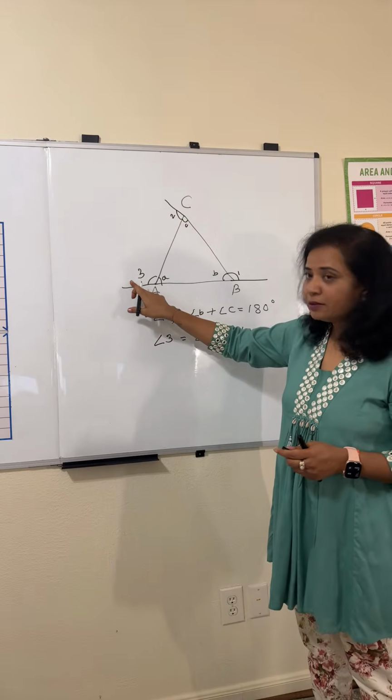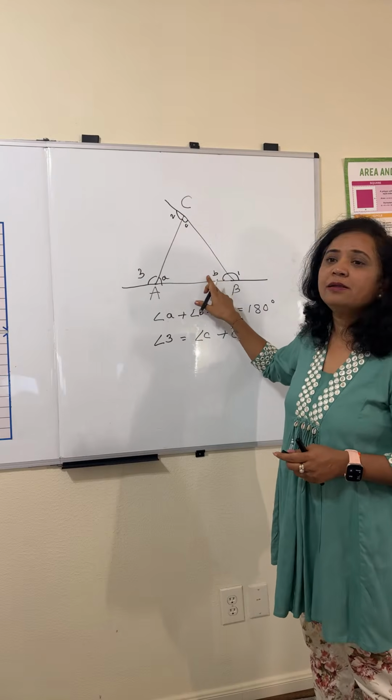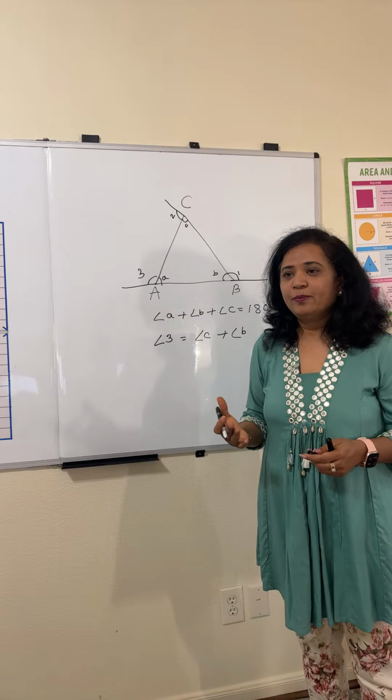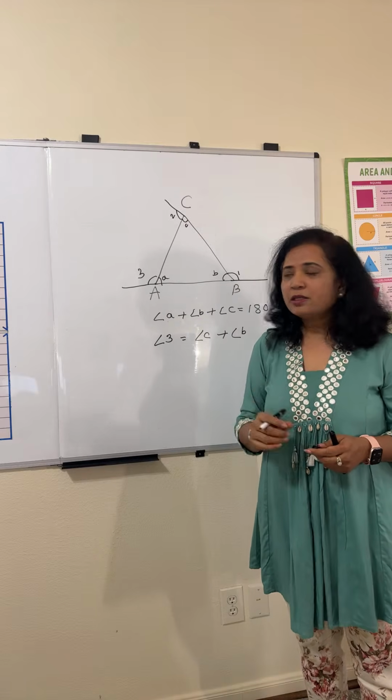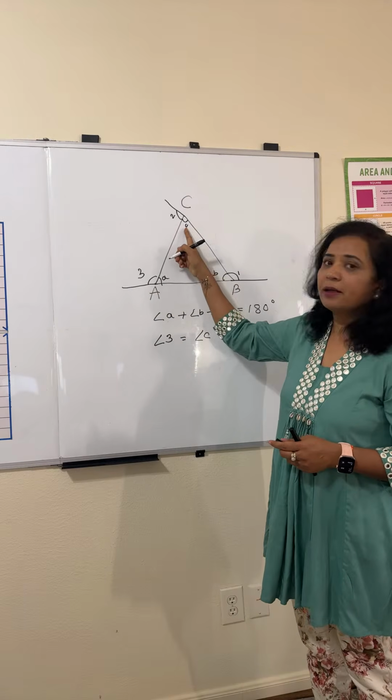But angle 3 is the sum of the two opposite interior angles C and B. That is called the external angle theorem.